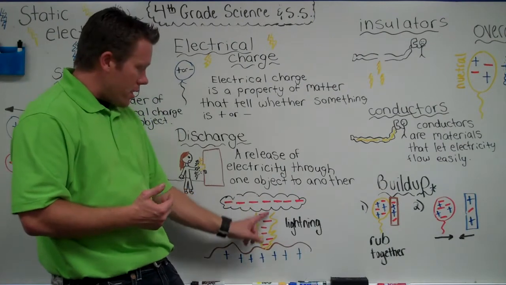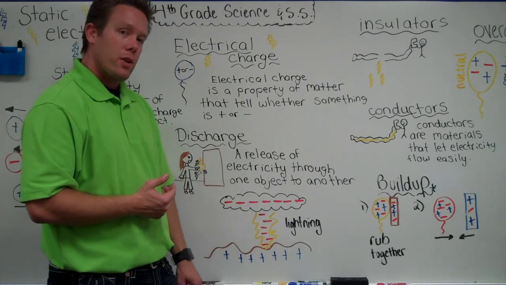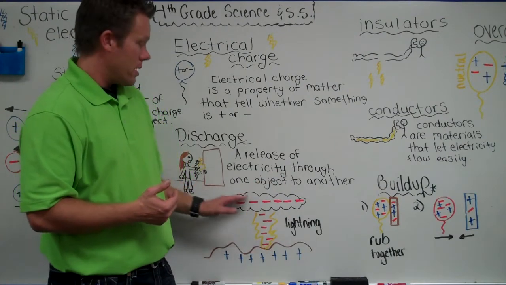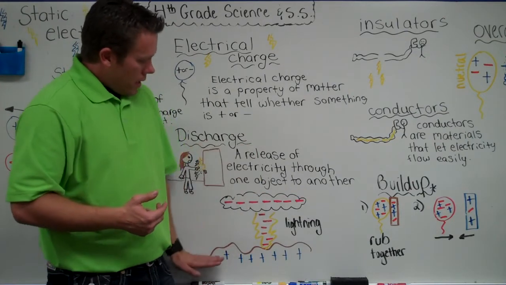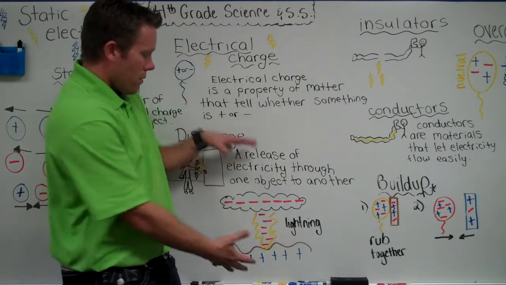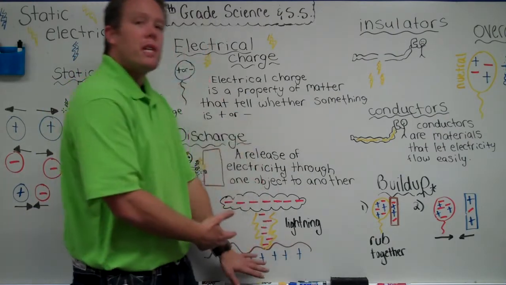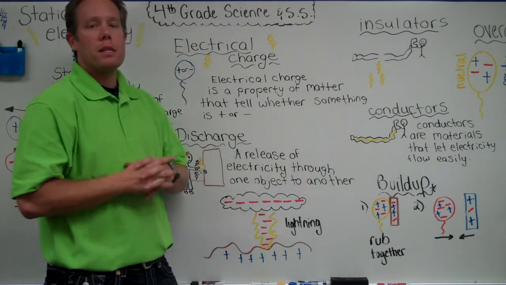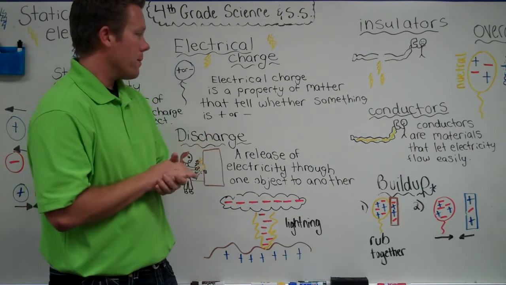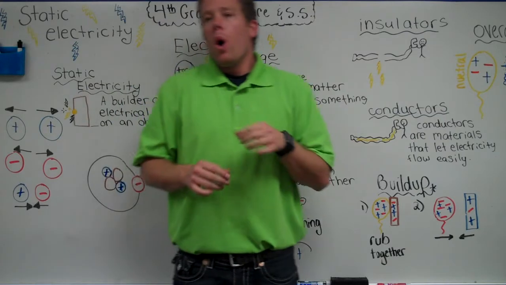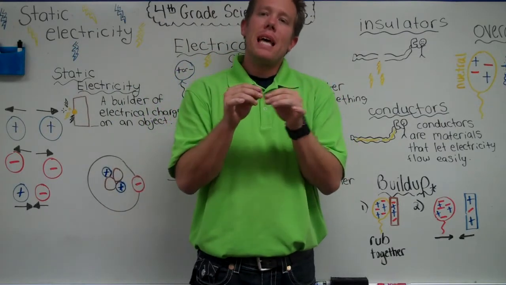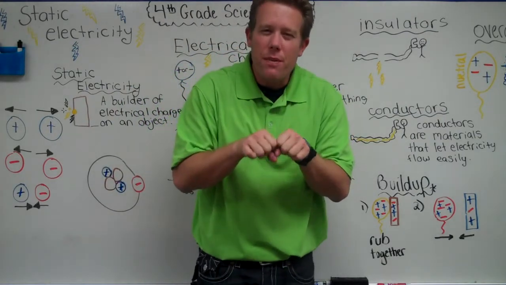That attraction is going to cause the electricity, and that's how lightning happens. The negatively charged clouds and the positively charged ground, the electrons are going to shoot down into the positively charged ground.